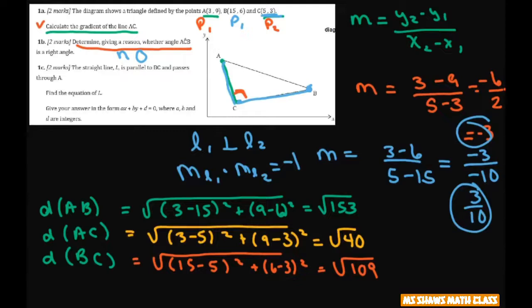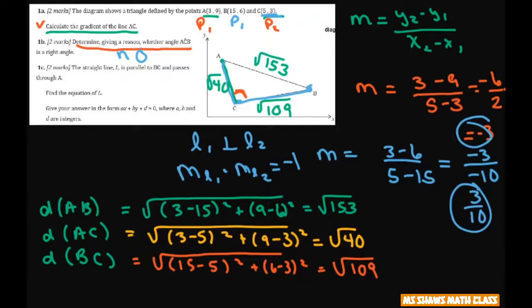So let's label this. AB is square root of 153. And CB is this one, square root of 109. And this one's square root of 40.